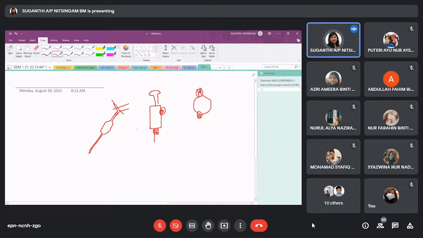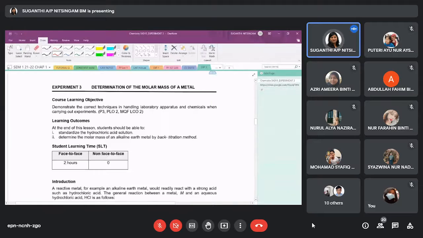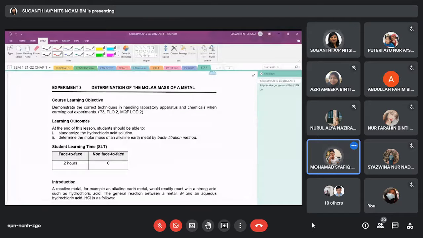Either you use a pipe pump or a bulb. Okay, so saya memang kena tanya soalan from time to time and let's see whether you can make me proud or how. Okay, next question. Madam, how about pipette filler? Pipette filler can, they call it a pipette filler or a pipette pump. Sama.